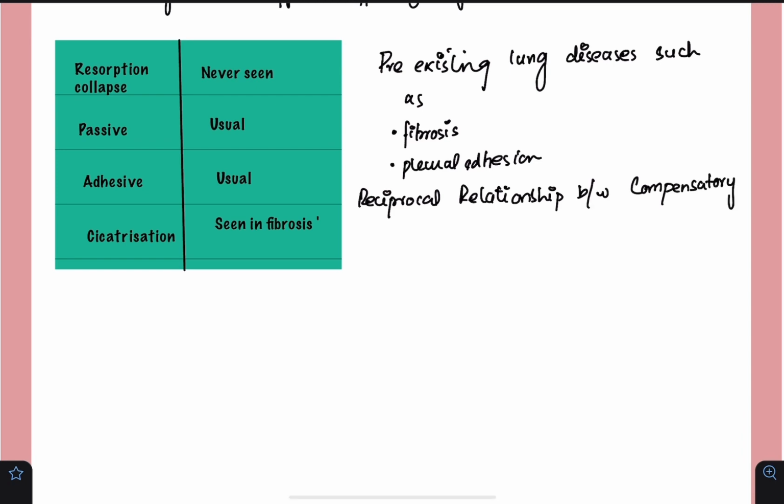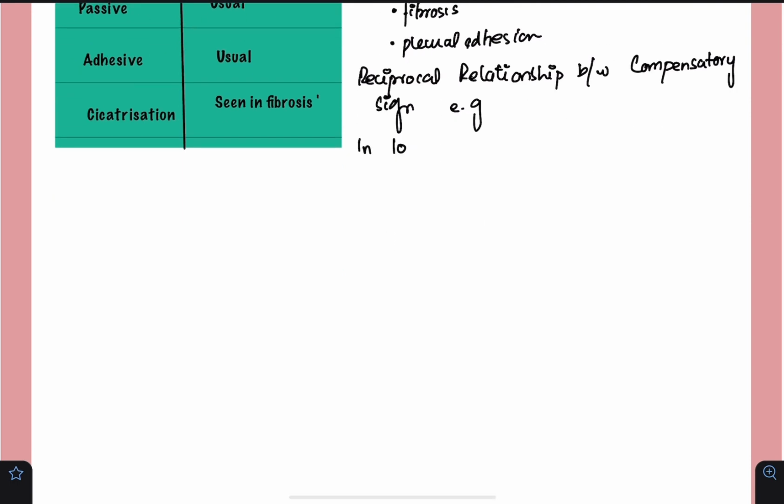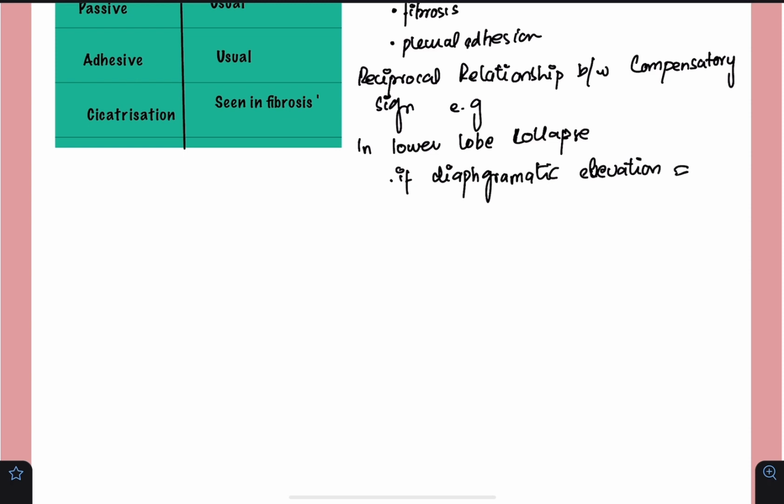For example, in lower lobe collapse, the diaphragmatic elevation will be marked and the hilar depression will be diminished.